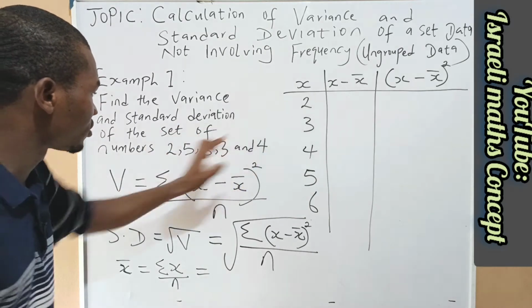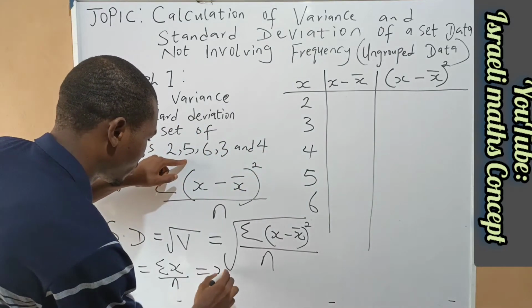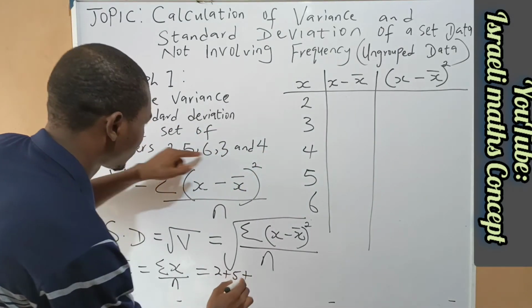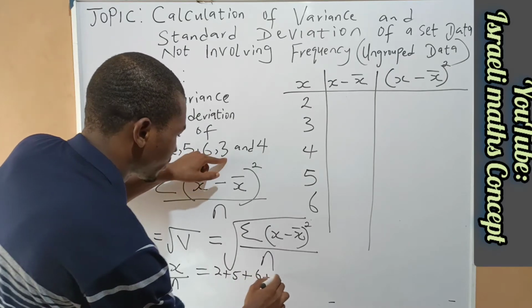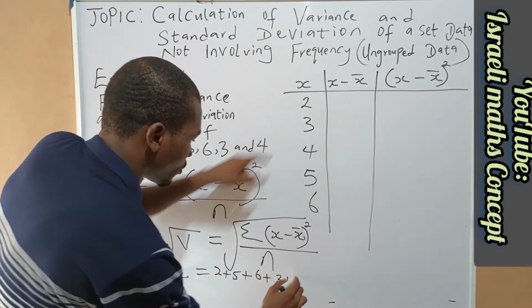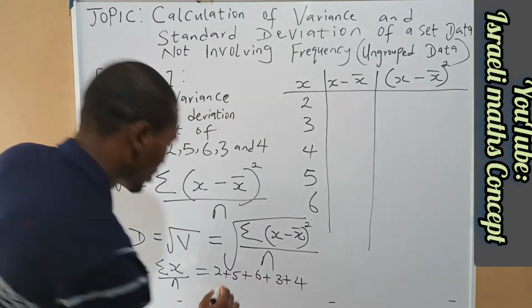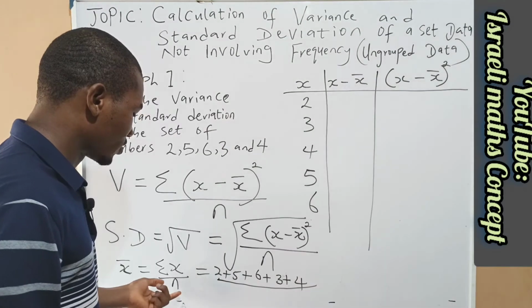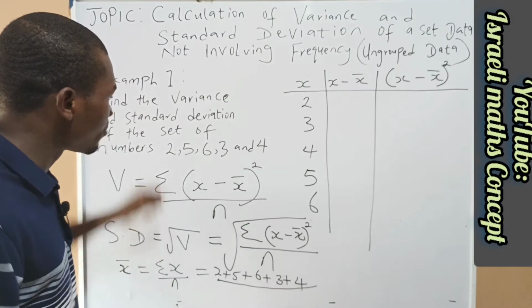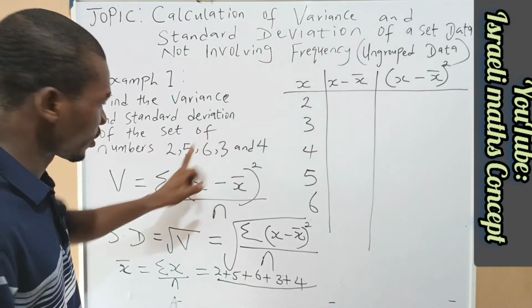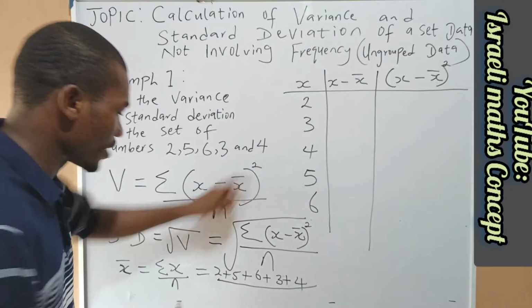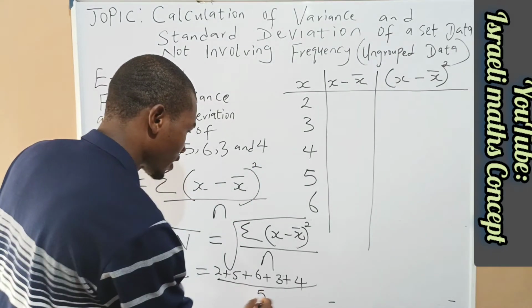And let's sum it. We have 2 plus 5 plus 6 plus 3 and plus 4. Okay, and that is all over n. And what is our n? Our n means how many data do we have here? We have 1, 2, 3, 4, 5. So that is all over 5.